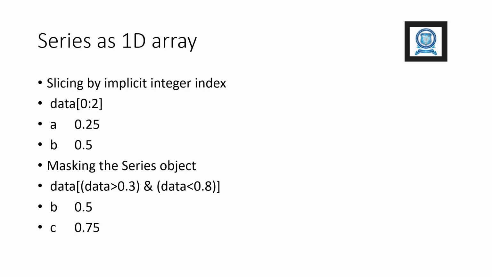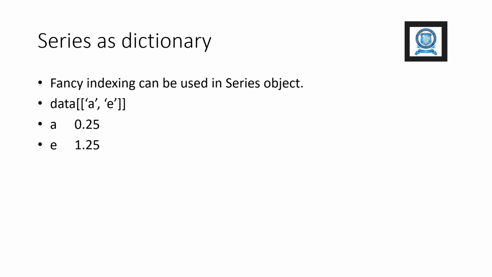Masking the Series object, we can simply write data of data greater than 0.3 and data less than 0.8. The values that satisfy this expression will be printed, that is greater than 0.3 is 0.5 and less than 0.8 is 0.75, and their corresponding indices are also printed on the screen.